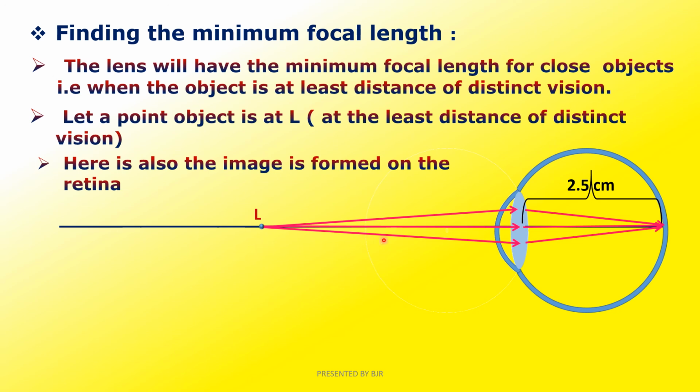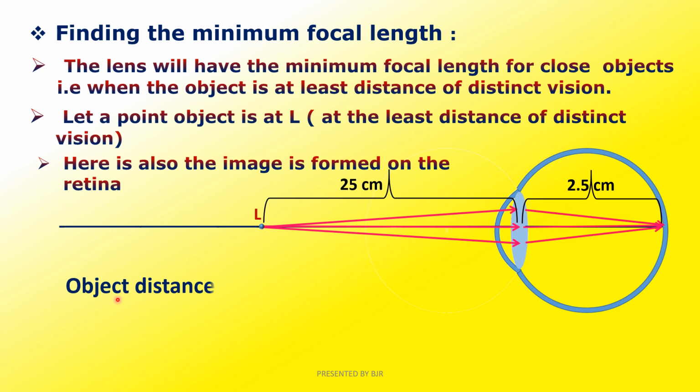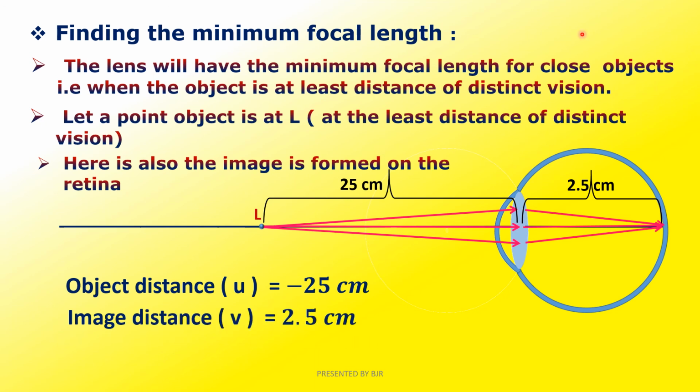So here u is equal to minus 25 centimeters and v is equal to 2.5 centimeters. Let us substitute these values in the lens formula, 1 by f equal to 1 by v minus 1 by u. I will take f as f minimum in this case because the lens will have the minimum focal length in this case.